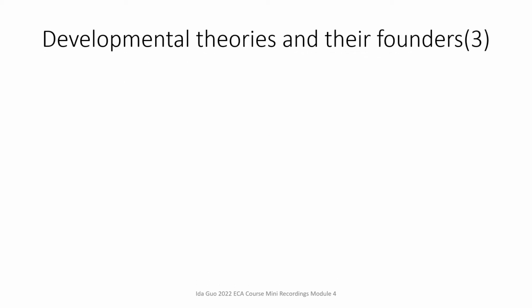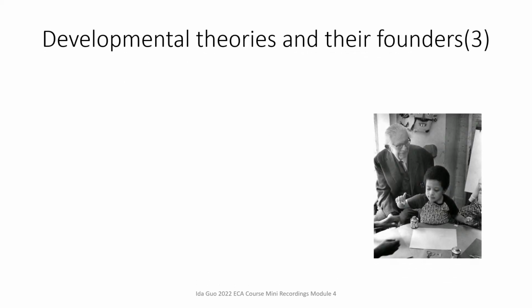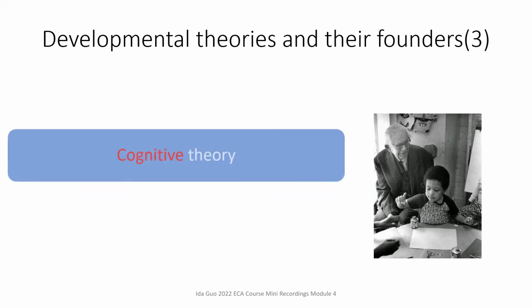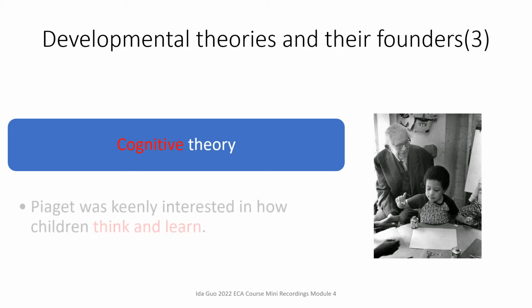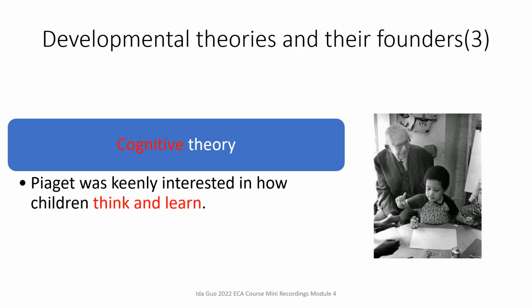Okay, move on to the third one. Anyone recognize this gentleman? He's really the big guy in child psychology, and his theory is the cognitive theory. Ring a bell? Who's that? Jean Piaget.